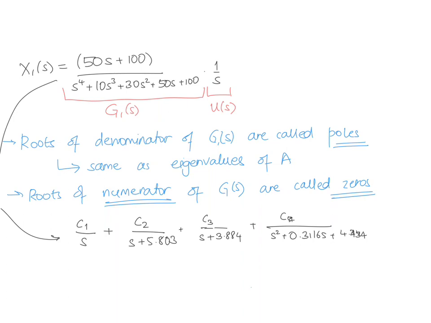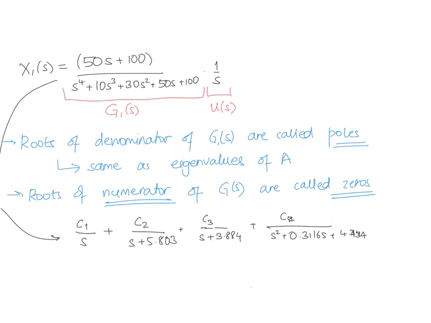Now, the thing to notice is that because the numerator over here has an s and a constant in it, we should expect from the partial fraction expansion that one or more of these numerator C's will also have an s in it. And that's something you might have studied when you did partial fraction expansions of Laplace transforms.